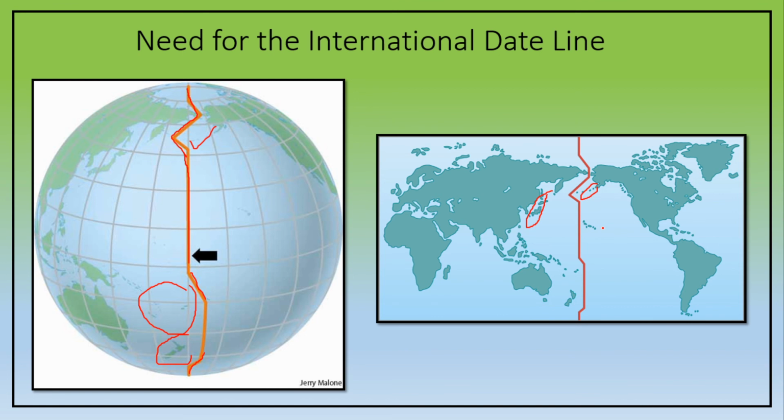So when ships are traveling from west to east, they will be losing a day, while when ships are traveling from east to west, they will be gaining a day, because this particular area is 24 hours later, while this particular area is 24 hours ahead.